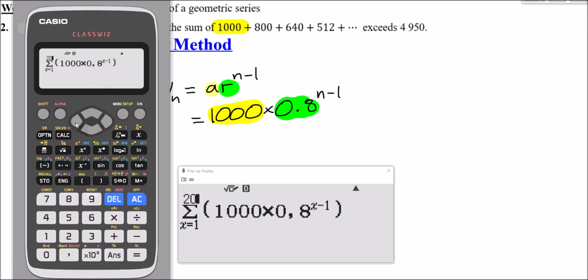If you go one higher to 21, we can see that 21 is the smallest value of our x, smallest value of our n, which will get the summation to just exceed 4,950. So the smallest value of the number of terms we need to add up is therefore 21. 20 wasn't quite enough, 21 just about does it. So that's how you do that question, double checking it using the class whiz.